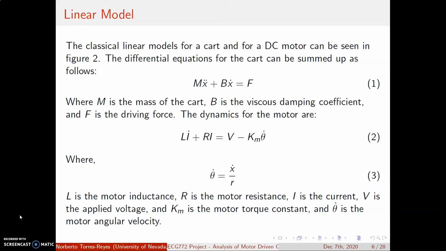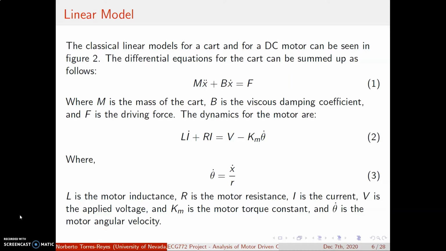For the linear model, the classical linear model for the cart and for a DC motor can be seen in the last figure. The differential equations for the cart can be summed up as follows: m x double dot plus b x dot equals F. M is the mass of the cart, b is the viscous damping coefficient, and F is the driving force. The dynamics for the motor are L i dot plus R i equals V minus Km theta dot.